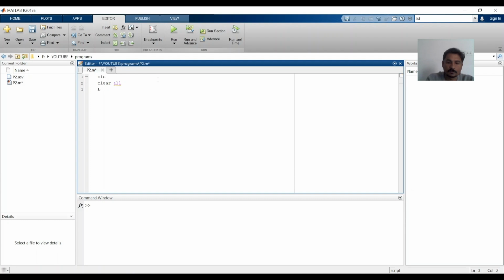L is equal to input, enter length of the span. Next one is W, input, enter weight of the conductor per unit length.